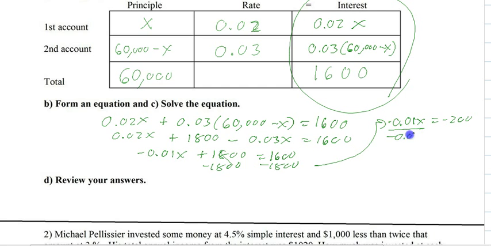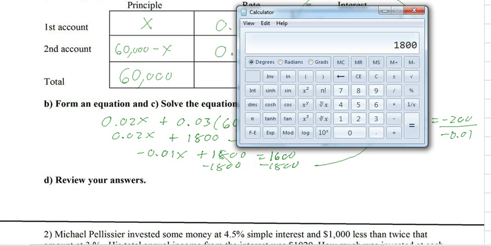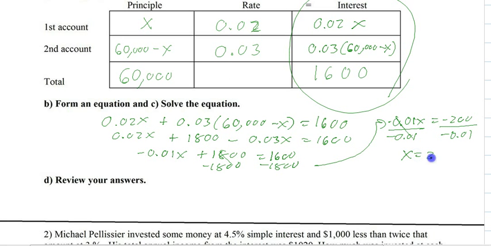Divide. Let's see what we get. 20,000. So if we put 20,000 at 2%, then what's left over is 40,000, because there's a $60,000 total, and that one we're investing at 3%.